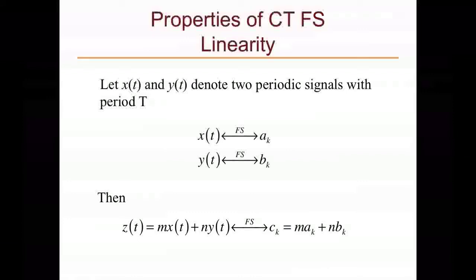That is, if you multiply the first signal with some scaling constant, and also another signal with another scaling constant, and then combine them together, and then analyze the frequency components, the linearity property would state that you would have the coefficient ck, consisting of the combination of ak and bk with the same scaling values.